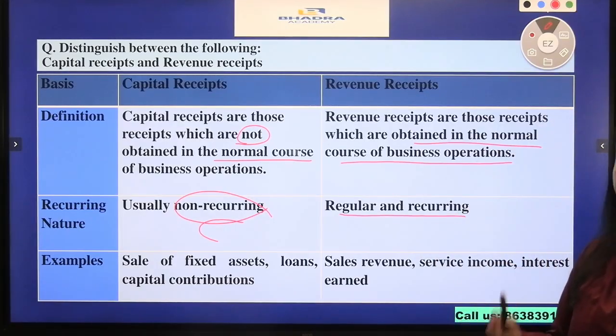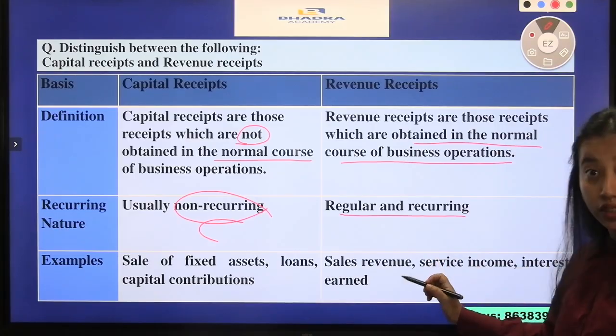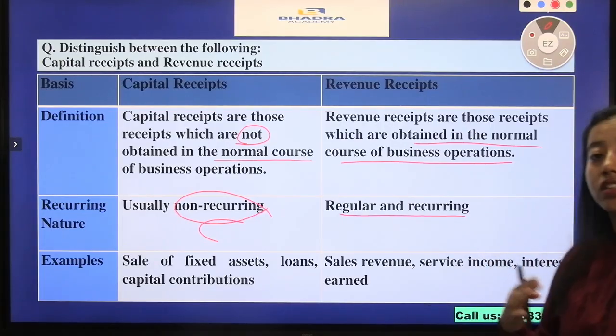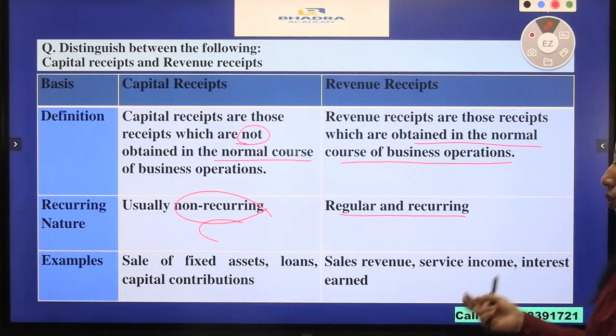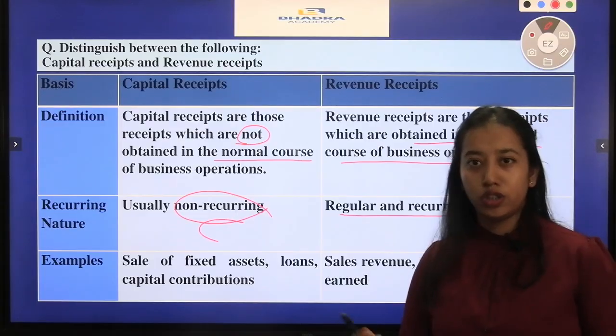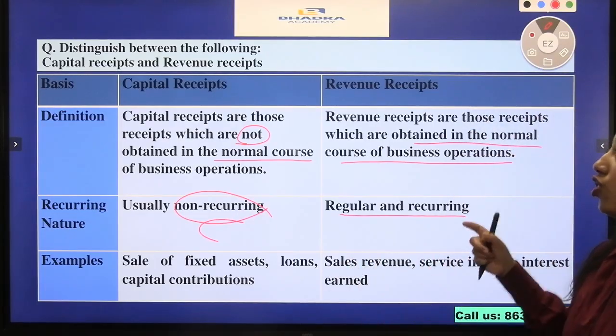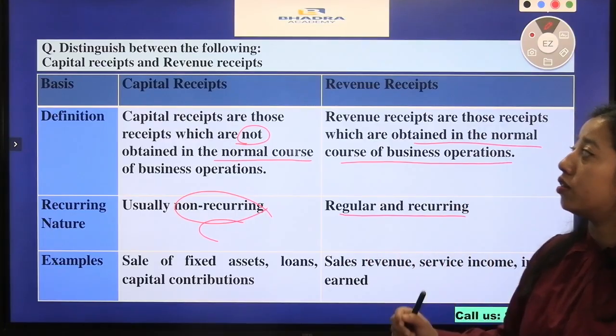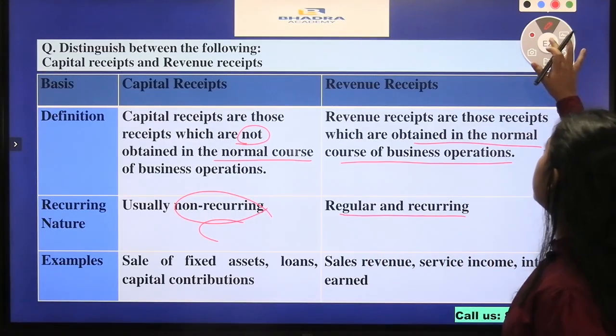So when the business sells goods, the revenue received is known as sales revenue. Then service income, when the business provides service to its customers, the income received is known as service income. And interest earned on loans. So these become the revenue receipts of a business. So these were the points of distinction for capital receipts and revenue receipts.